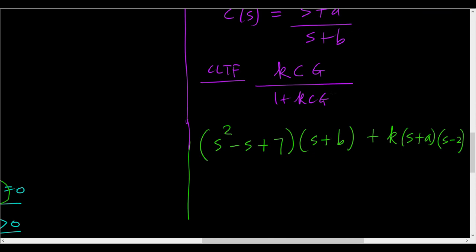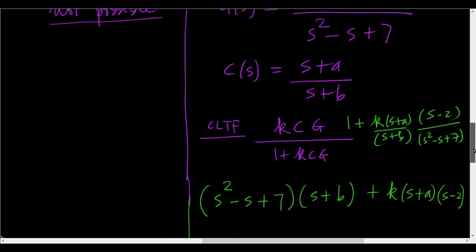That is because I will have 1 plus k, s plus a over s plus b, times s minus 2 over s square minus s plus 7, right? That's what I'll have here.